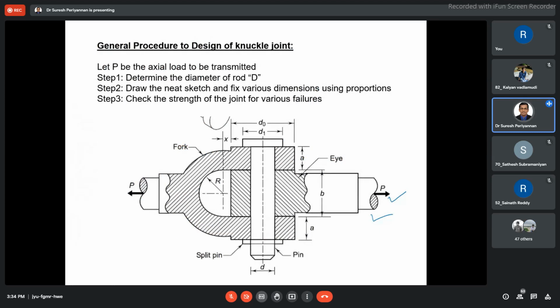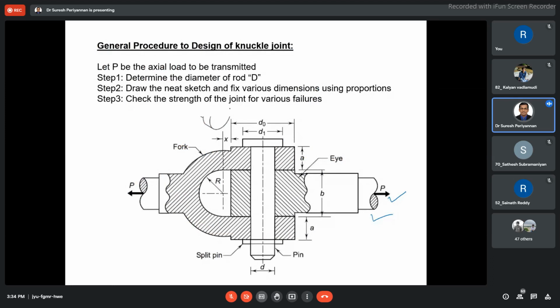Very important. If you go through any books, this is a standard calculation for the knuckle joint and cotter joint. You may expect this kind of question in the end semester. You have to draw the figure clearly. Once you find the dimensions of the component, you have to draw the figure and identify the component dimensions in the figure. Very important, so please practice.